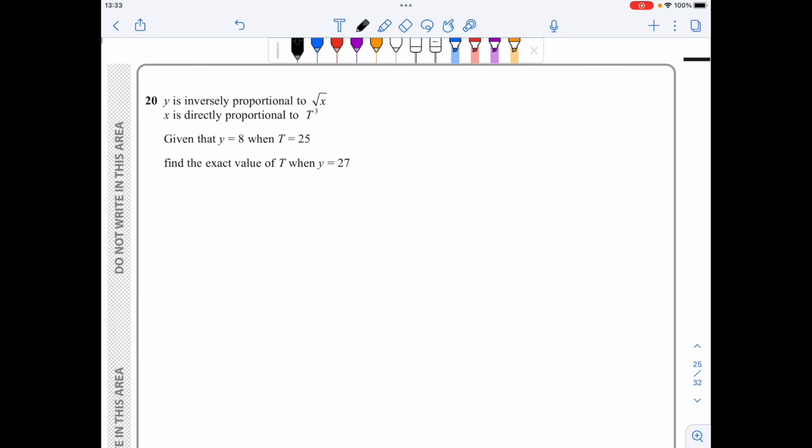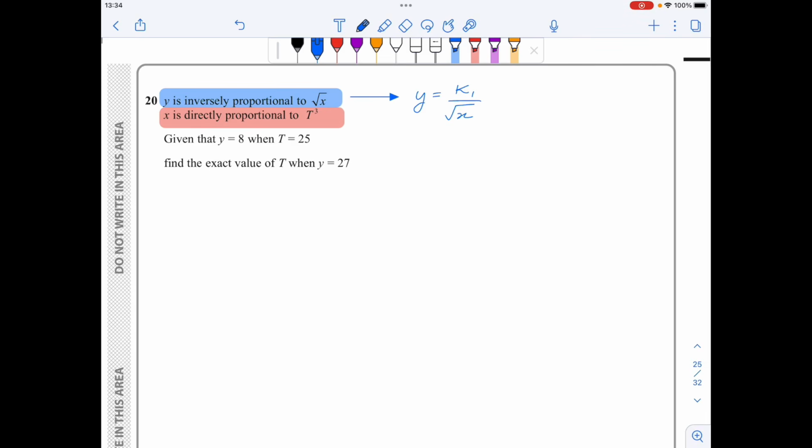For question 20, I have two statements. From each of those statements, I can get an equation. From the blue one, I get the following equation: y equals k1 over the square root of x, where k1 is a constant of proportionality.